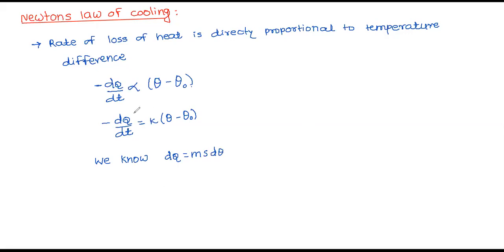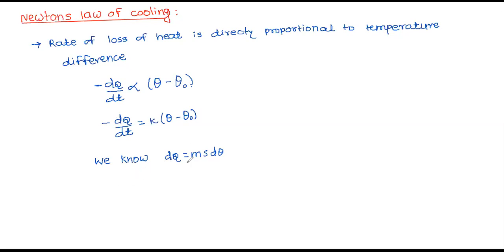Now you might have one question: why are we going to keep minus here? This minus sign indicates how heat is going to be lost. So here it is the rate of loss of heat, and that's why I am keeping the minus sign. And it is directly proportional to the difference in temperature.